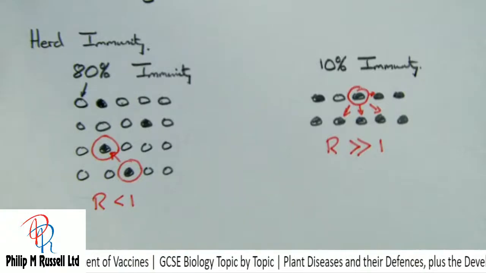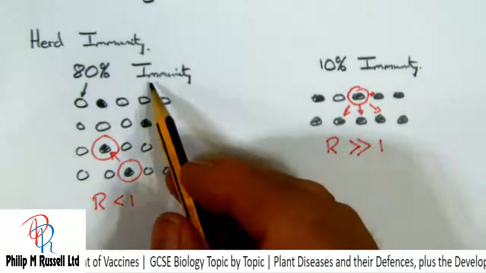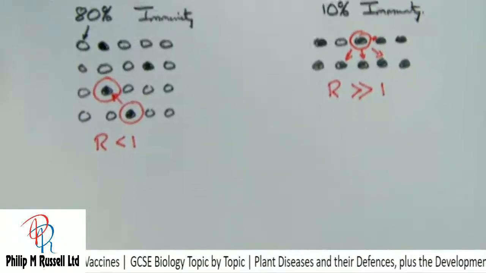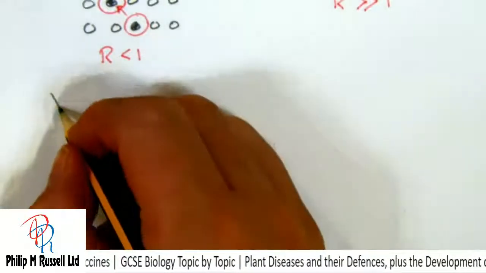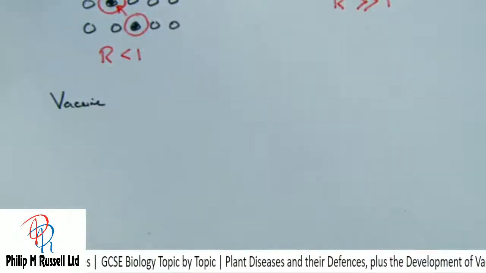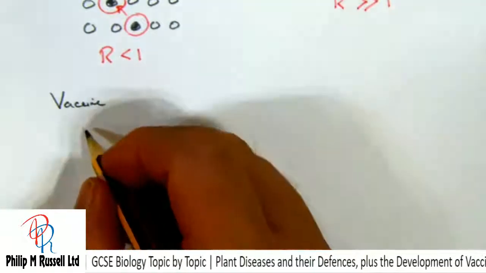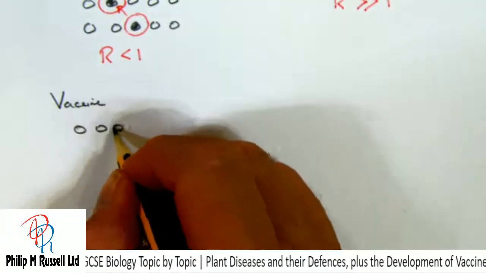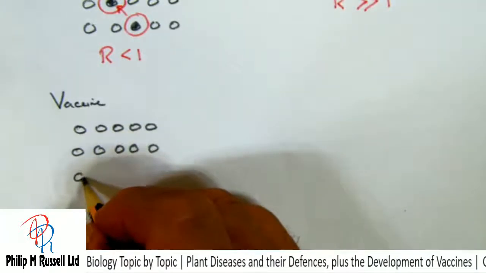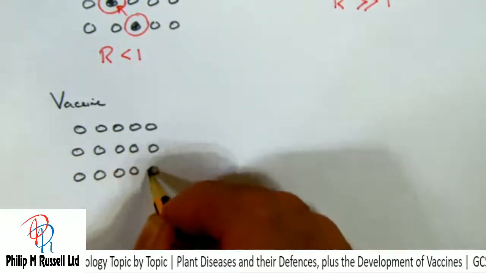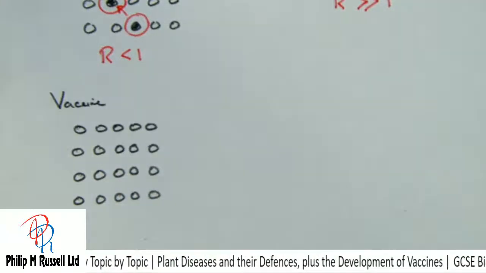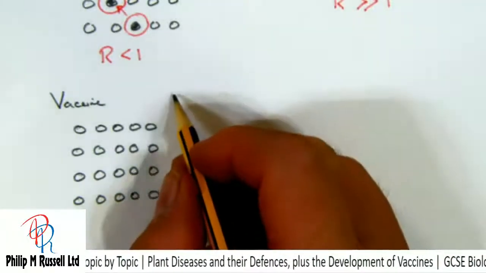Well, let's look at, rather than everyone getting the disease, we could put a vaccine in place. So let's look at what happens if we've got a vaccine. Let's take our 10% of our population with the disease.